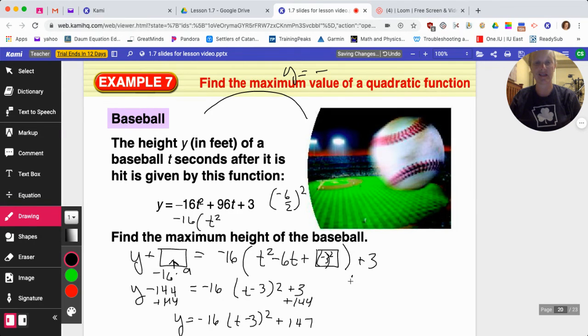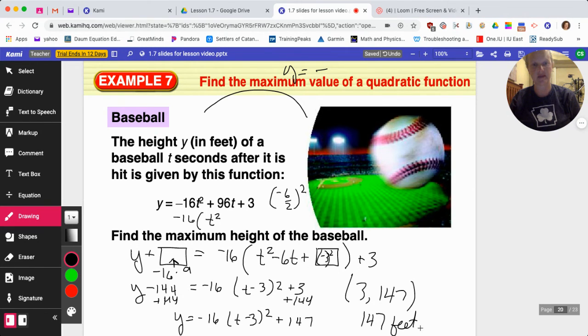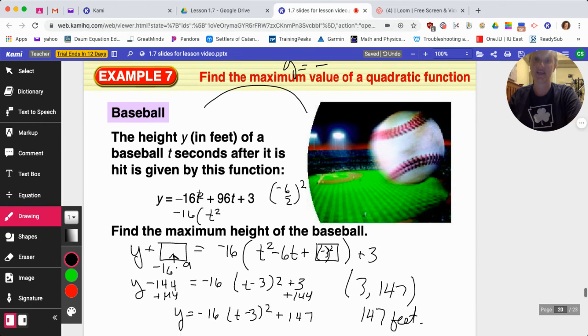So my vertex is actually (x minus h) 3, comma, plus k. So the maximum is just the 147. 147 feet is the maximum. Okay. Tricky, huh?